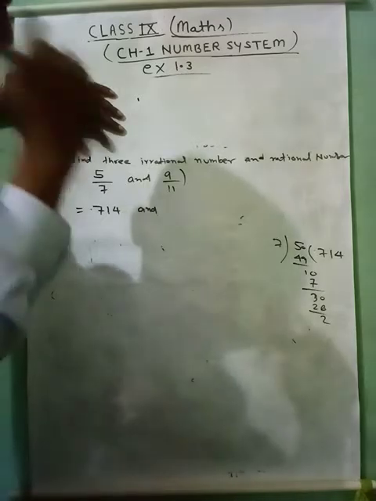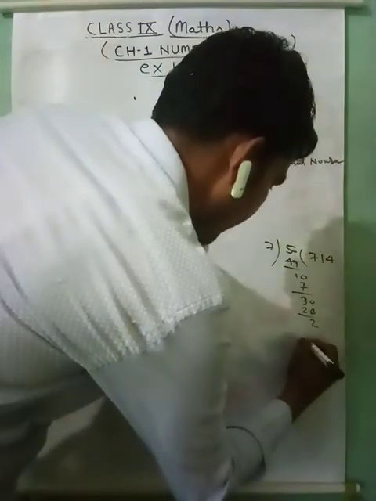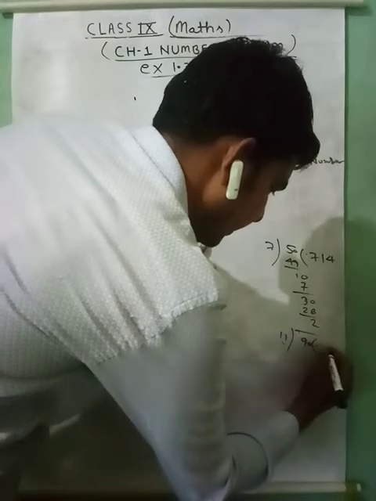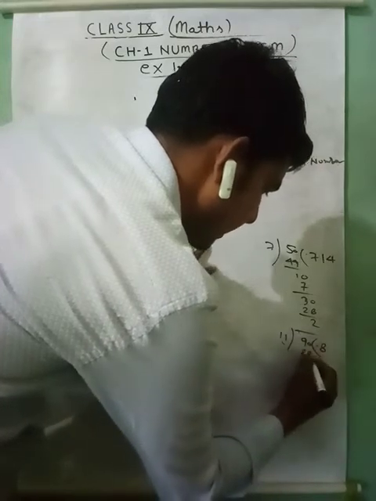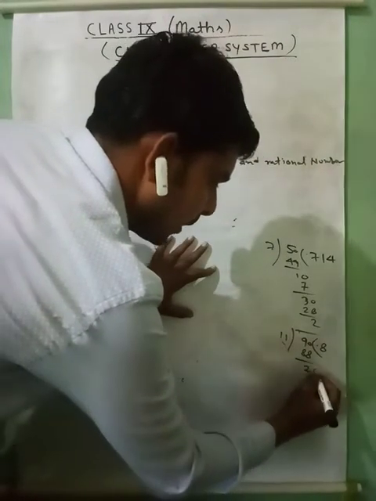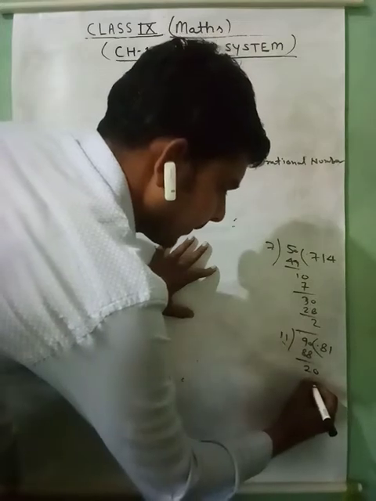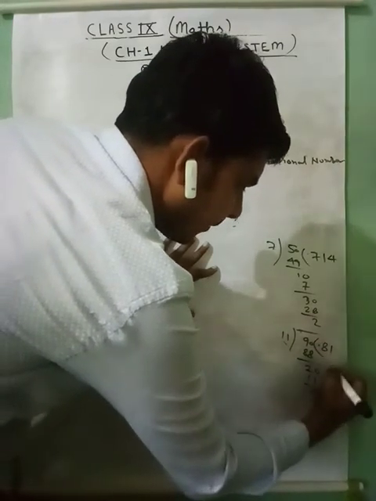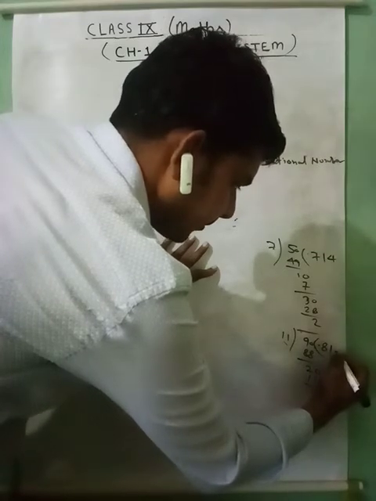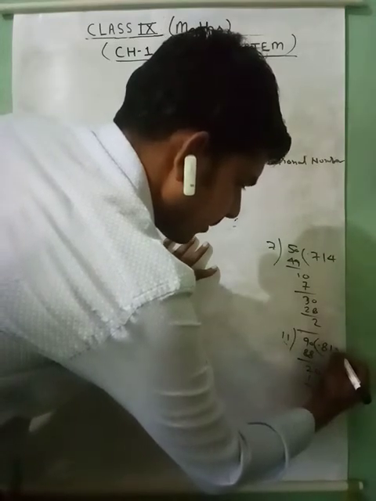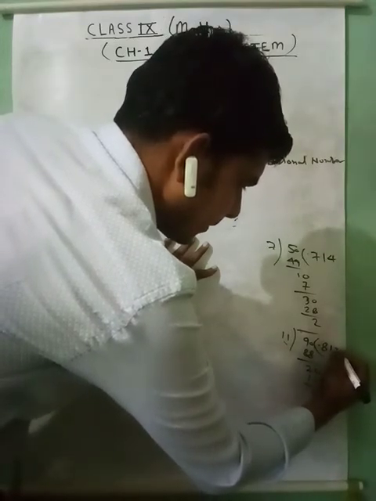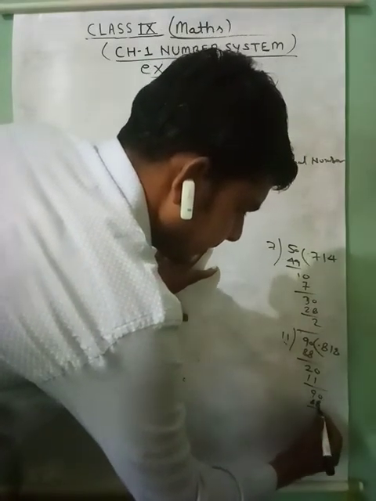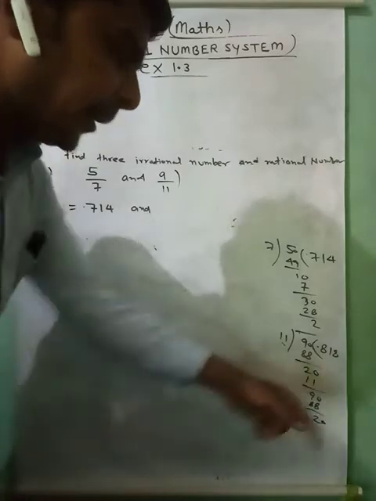And 9 divided by 11 is 0.8181. It's repeating.